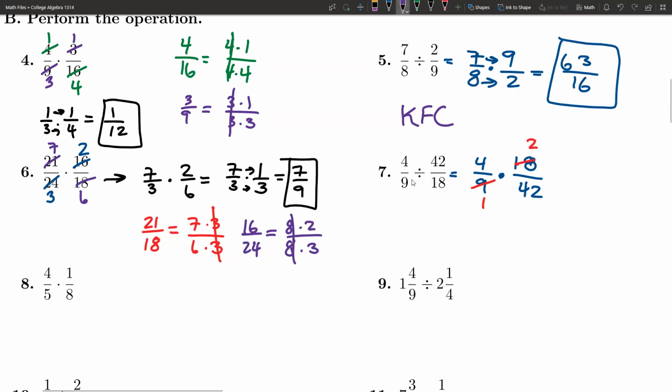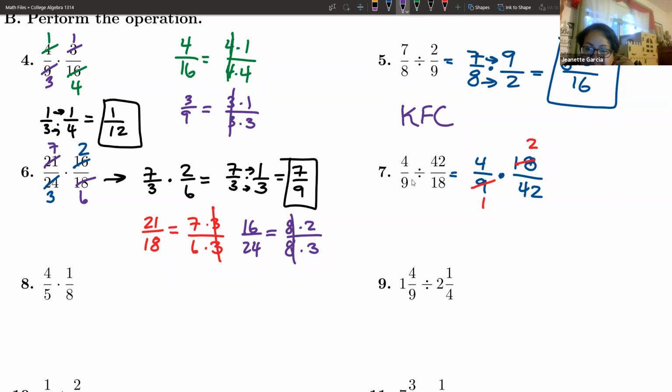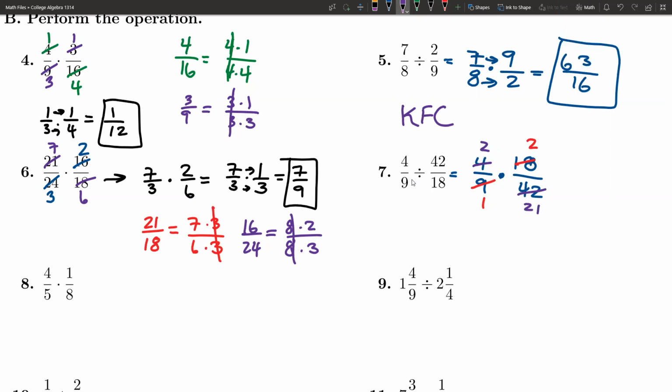Look at 4 and 42. What do you think the biggest, or I guess smallest, number you could take out? 2. Divide 2 from 4, you get 2. Divide 2 from 42, you get 21. I'm going to rewrite our fractions.